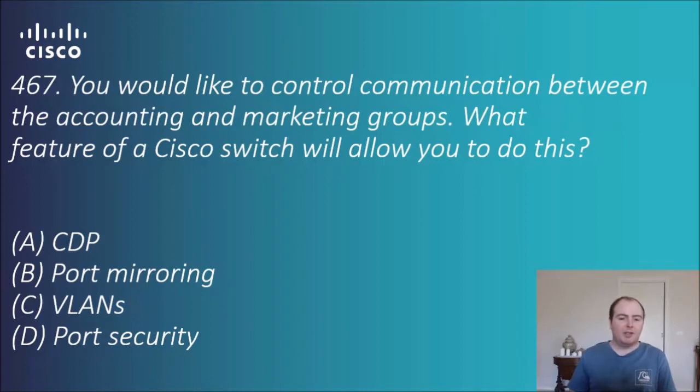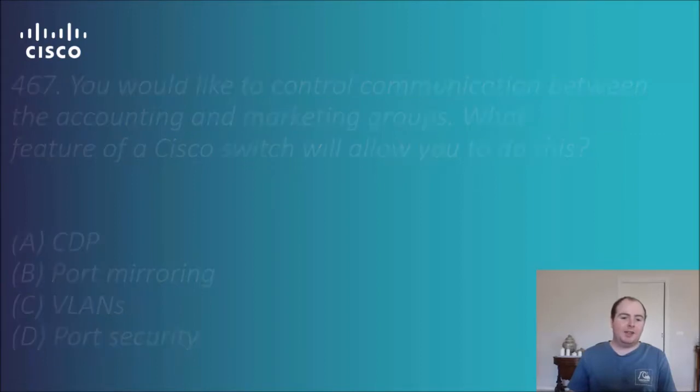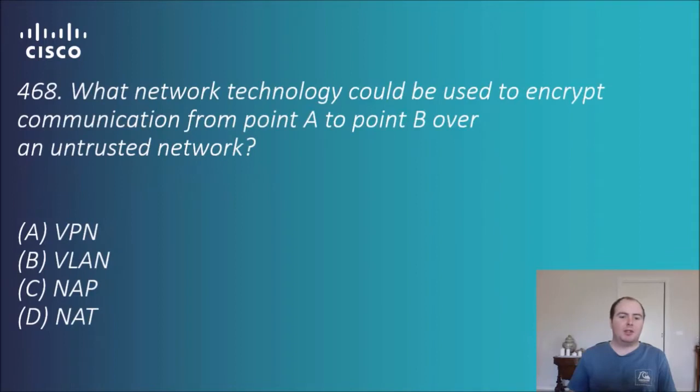CDP, port mirroring, and VLANs. Normally, when you have different groups, VLANs are the best way to go about it. So it's virtual local area networks. It's a way of segmenting traffic for certain reasons when you've got common bits and pieces going on. For example, you've got an IT department, they've got common people there and whatnot.